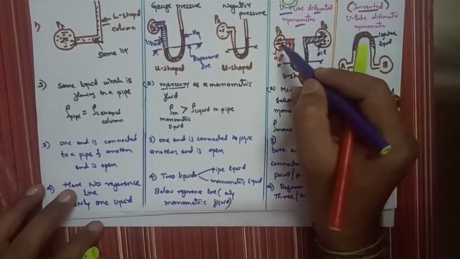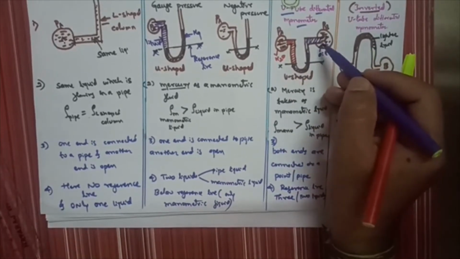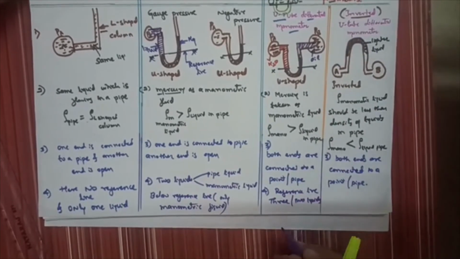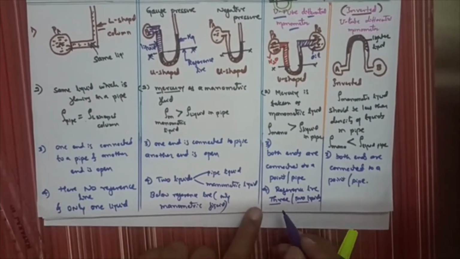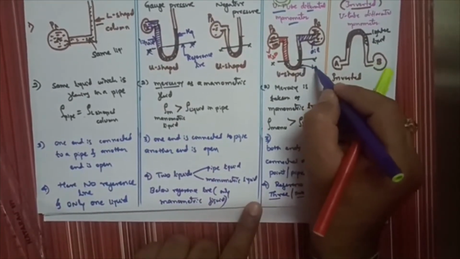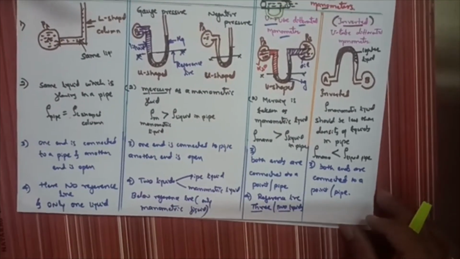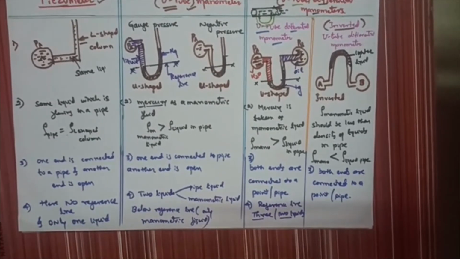Or in both pipe A and pipe B there may be the same liquid, no problem at all, or maybe different liquids. So I have written 3 or 2 liquids. And below the reference line there must be only manometric fluid, that is mercury. In the inverted U-tube differential manometer, that is also the same. There may be 3 liquids or 2 liquids.